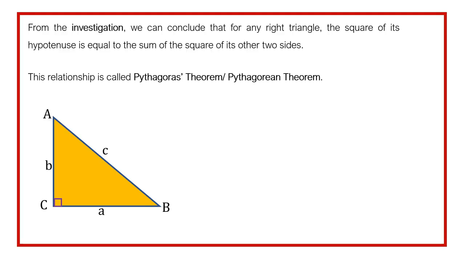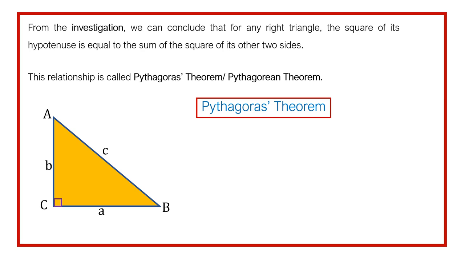Now, in this right triangle, we can say that A squared plus B squared is equal to C squared, or AB, which is the longest side, which we call the hypotenuse, is equal to BC squared, which is the same as A, plus AC squared, which is B. Okay?